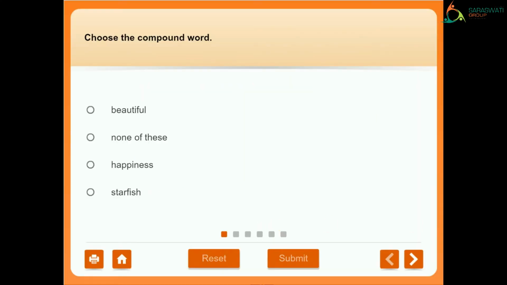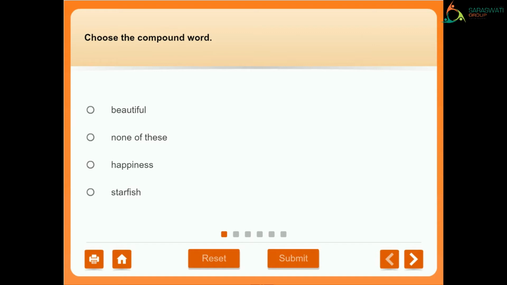Choose the compound word. Now here four things are given: beautiful, none of these, happiness, starfish. We will have to choose a compound word, a word which is made up of two words.